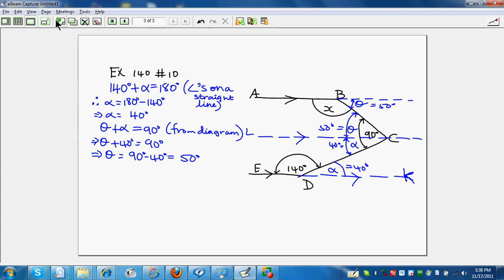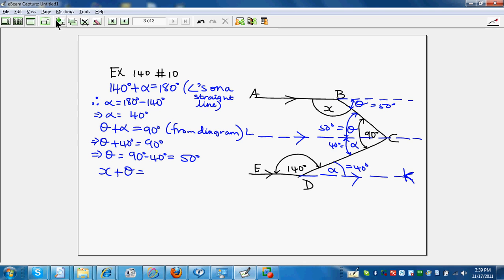So all we have to do now is find x, and we could say x plus theta is equal to 180 from up here.